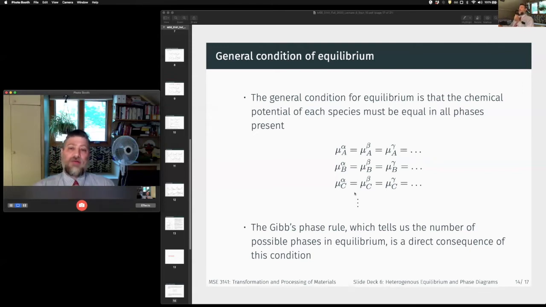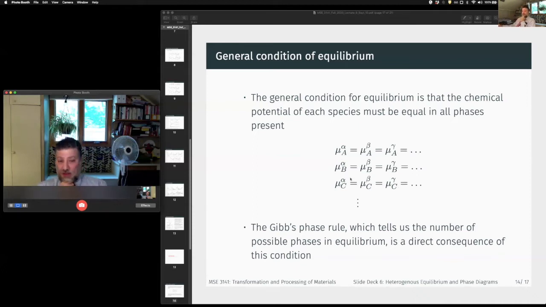So we start from this fundamental general conception of equilibrium, right? And this definition of equilibrium is possible because Gibbs defined the chemical potential. The condition that defines equilibrium is when the chemical potential of each species is equal in all the phases present, meaning that the chemical potential of species A is the same in phases alpha, beta, gamma, and so on forever, right?